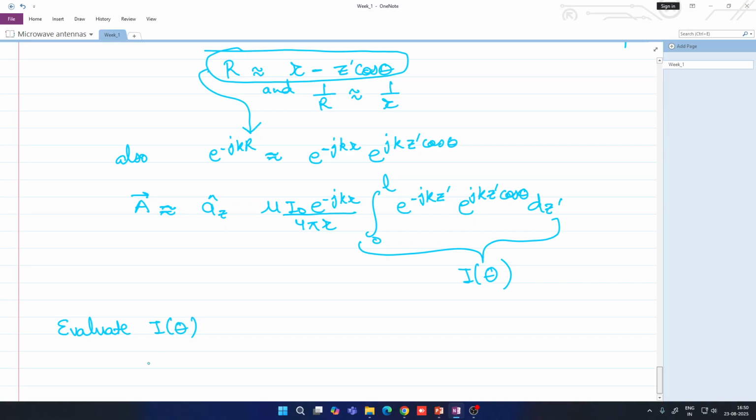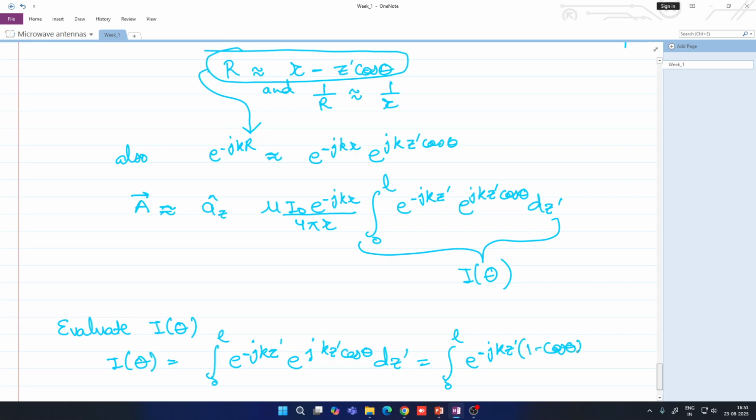I of theta is equal to the integral between the limits 0 to L of e to the power minus j k z prime e to the power j k z prime cos theta dz prime. So I can write this as the integral between 0 to L of e to the power minus j k z prime times 1 minus cos theta, dz prime, since z prime is common, so I am taking it out.